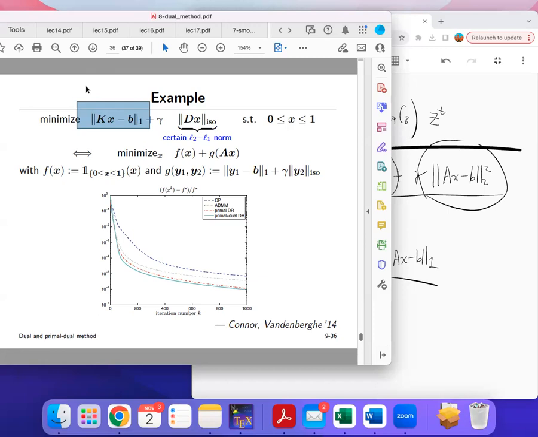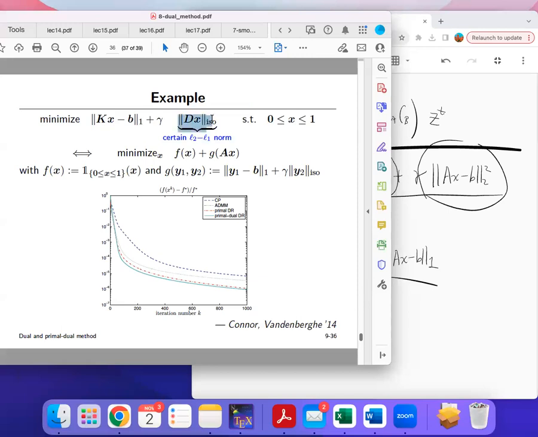In image processing, this is called image deconvolution or image deblurring. So this image is x, and K is a linear process. Sometimes if the image is blurred, then that blurring process can be described by K.